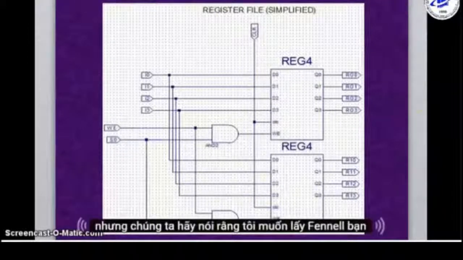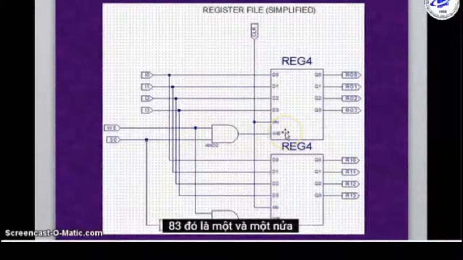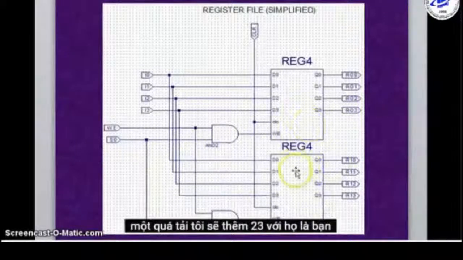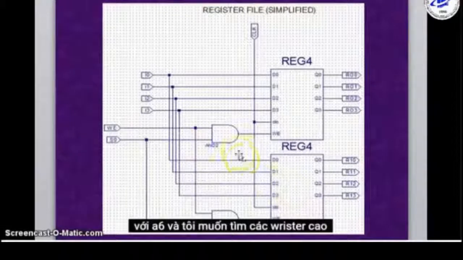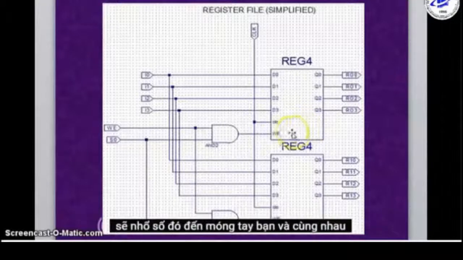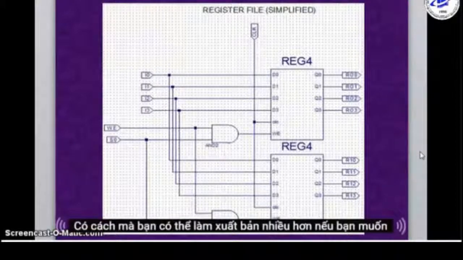But let's say I want to take from the ALU and I want to spit into the register a 3, let's say, and I have a 6. So I would load a 3, and I would get a 3 from the ALU, and I would add the 3 with the ALU, making a 6, and then I would say, okay, I want to load the lower register with a 6, and I want to load the higher register with the same value I had before, and we'll spit that number to the ALU and add that together. 3 plus 6 would be 9, and that way you can do even multiplication if you want.